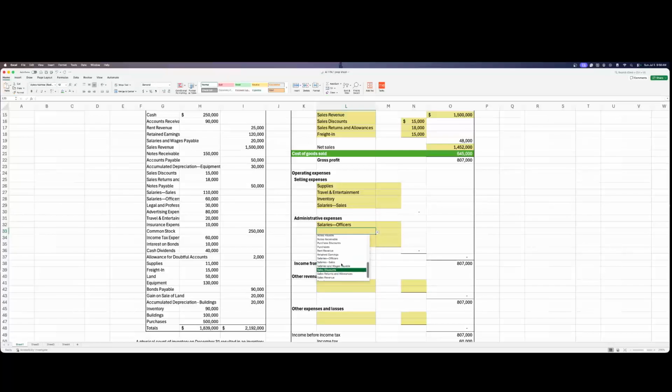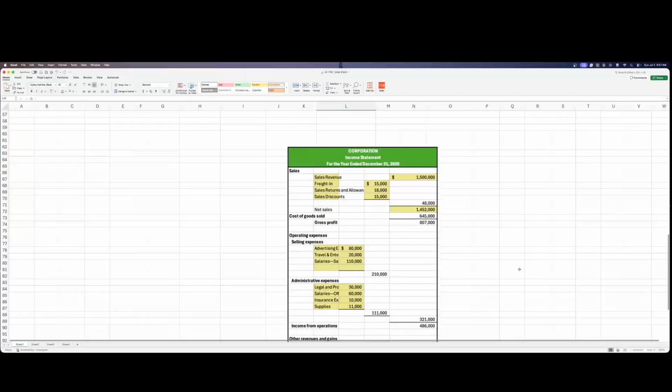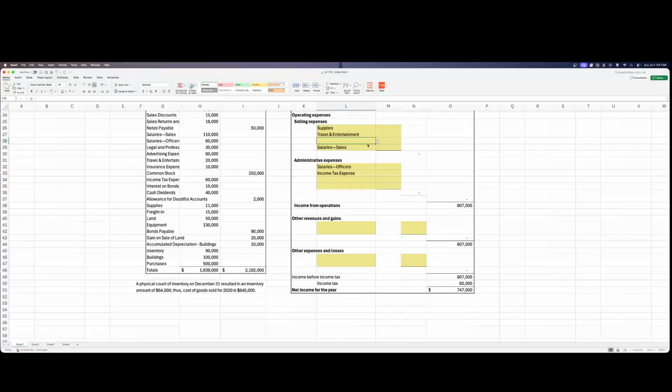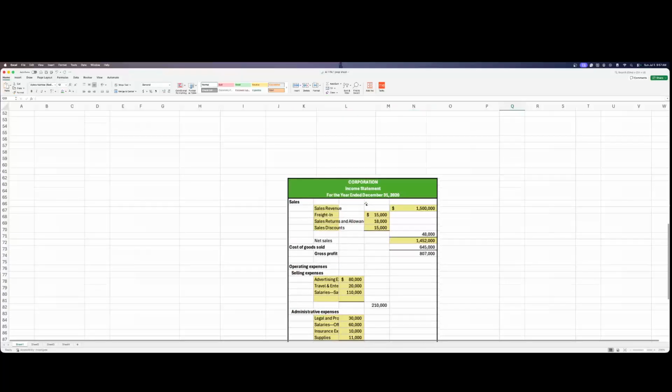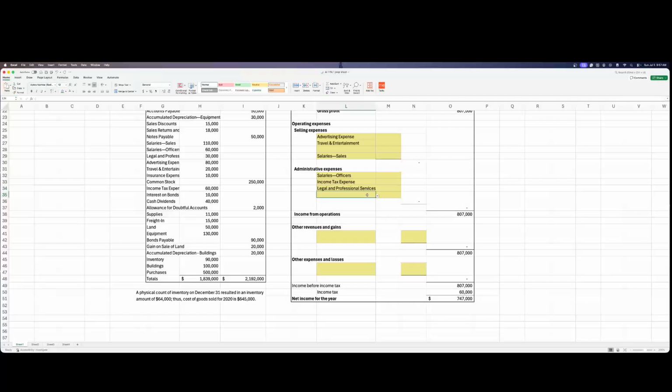Then advertising expense actually. Legal, professional, and supplies.